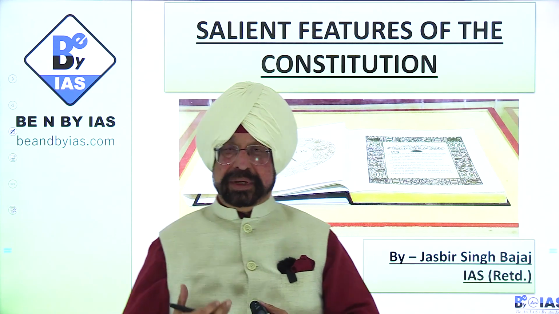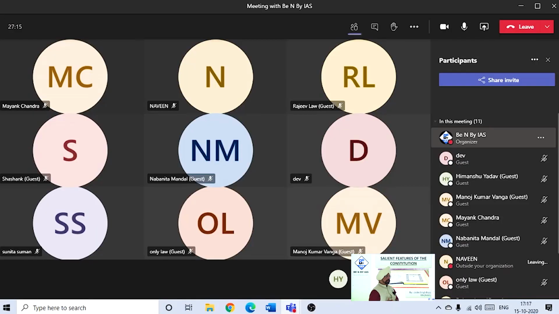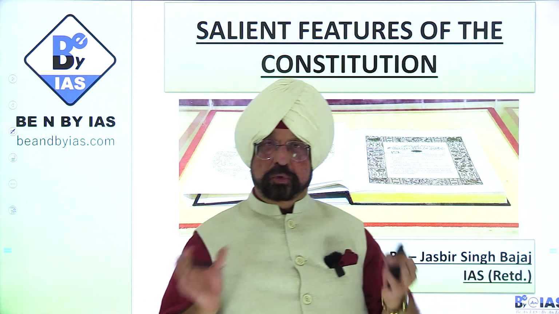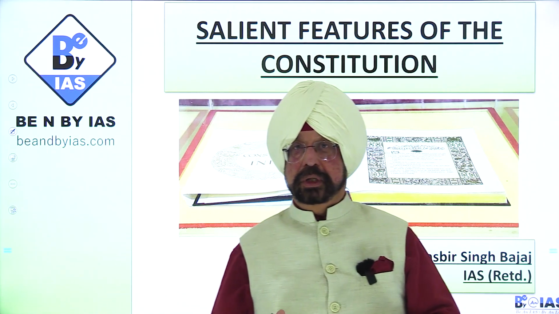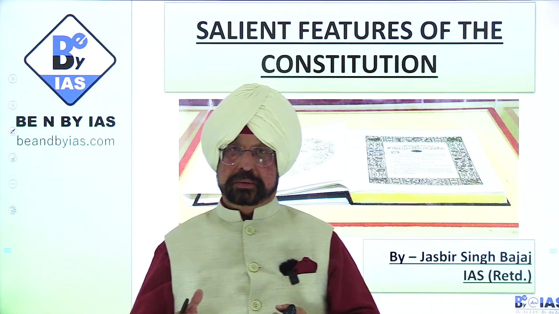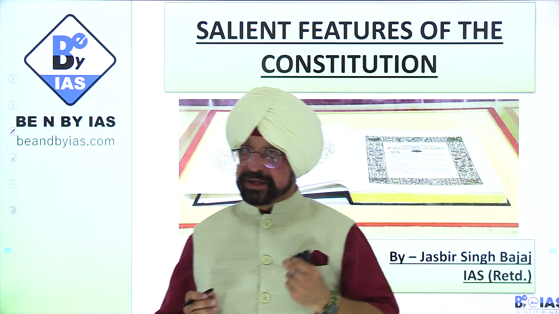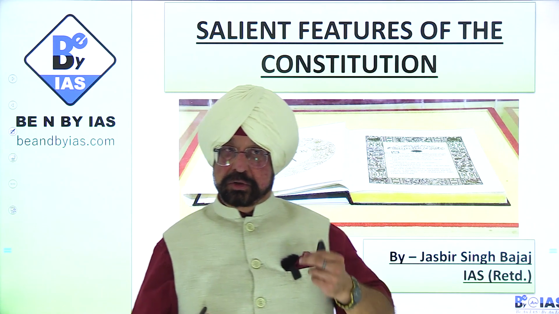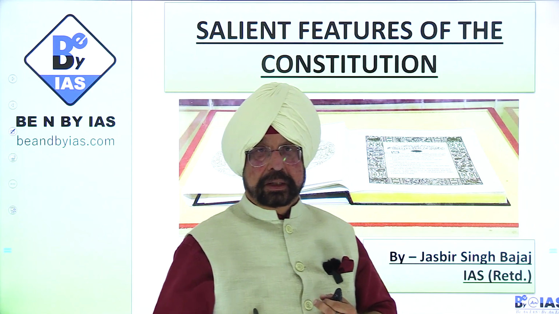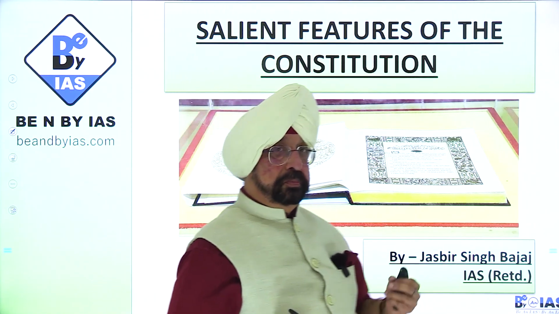What do we mean by salient features? These are some of the essential features which a student of constitutional law must understand to have an overview of what this constitution is meant for, what are its various provisions in a nutshell, its ideology, its philosophy. What does it want to provide?